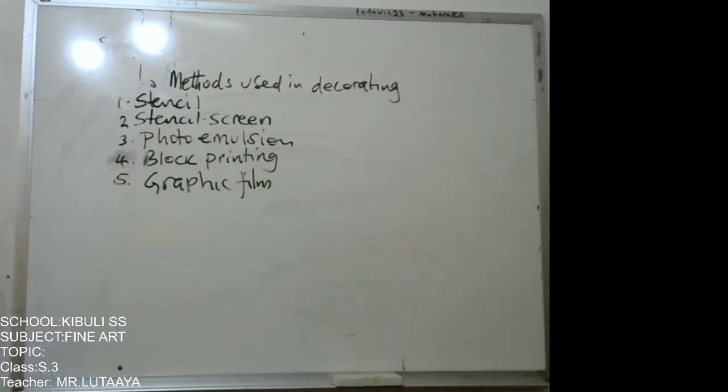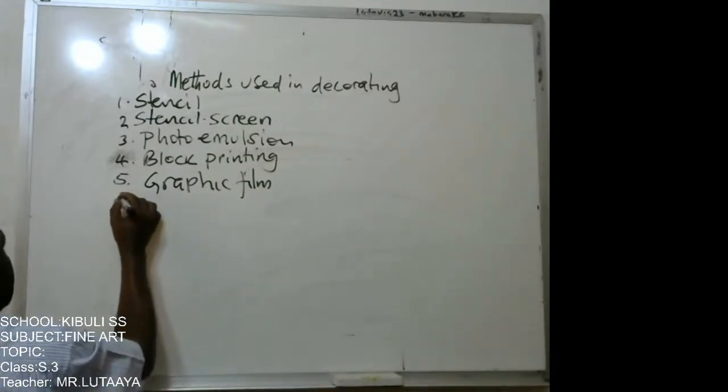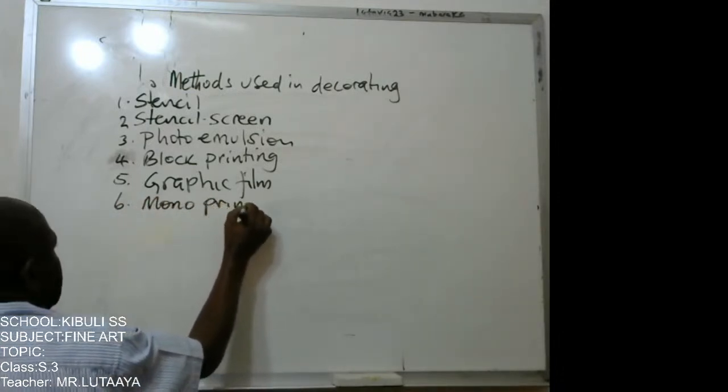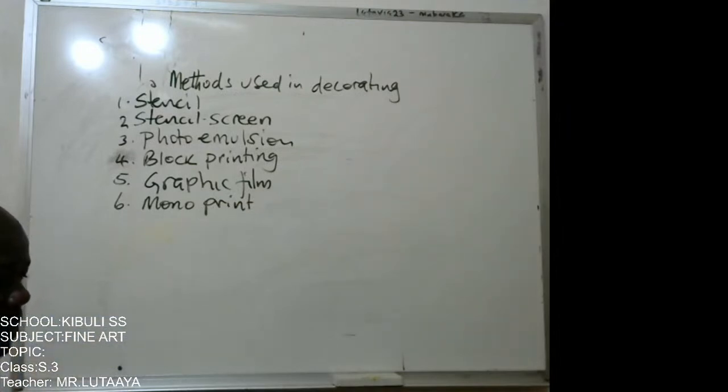Now, members, the last technique I want to explain here is monoprint. Monoprint is where you get any suitable object, so long as it has an interesting design or patterns, and then you use it for printing.